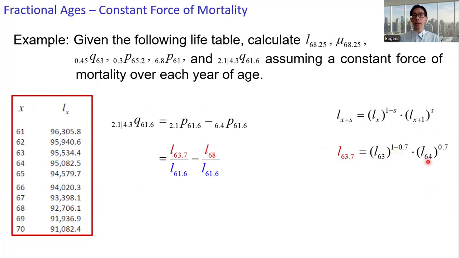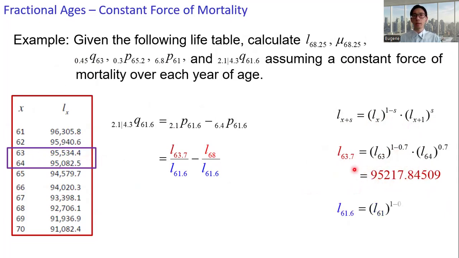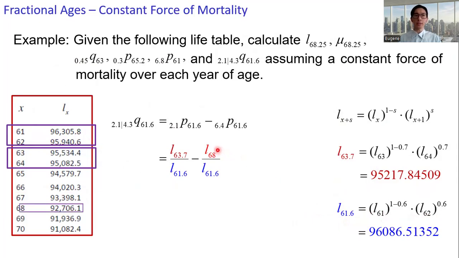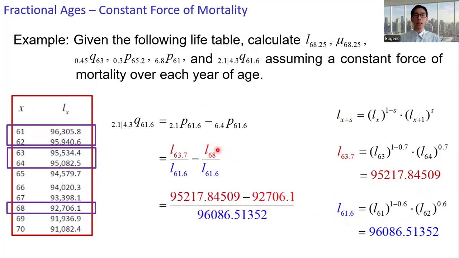We need l_63 and l_64 from the table, and we get l_63.7. And then l_61.6 between the ages 61 and 62. Get this number, and we get l_61.6. Together with l_68, we get the result, 0.0261.